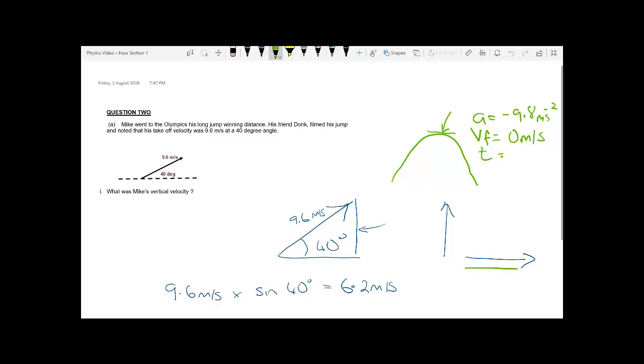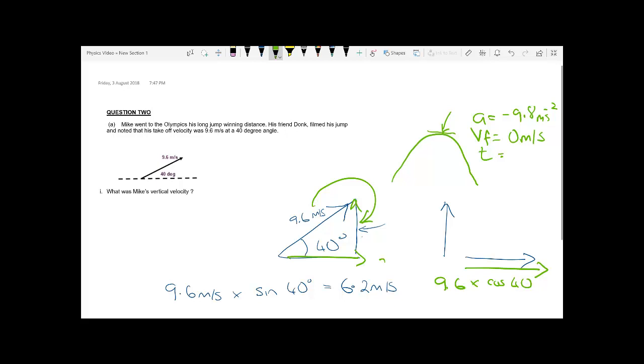In addition, we can work out this horizontal distance once we know the horizontal velocity, which is really just 9.6 times the cos of 40.